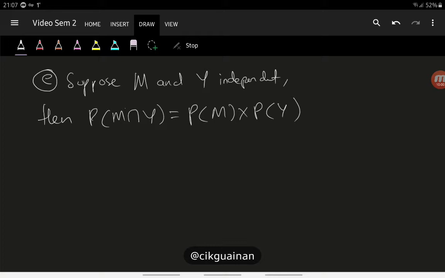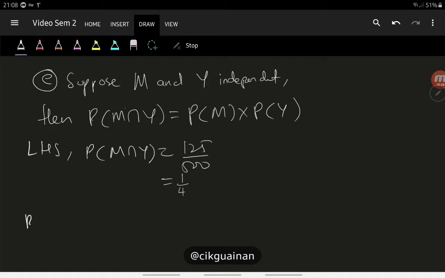If they are not equal, then they are not independent. Okay, so we do the left hand side first. Left hand side we get P(M intersect Y), from the value M intersect Y, male who say yes. So 125 over 500. This one can be reduced to 1 over 4, a quarter.